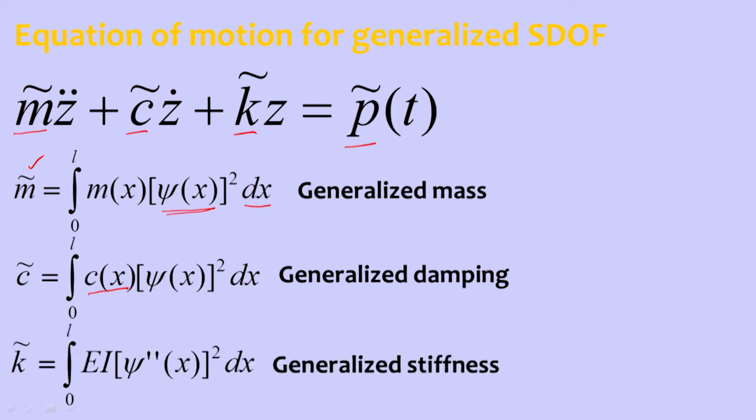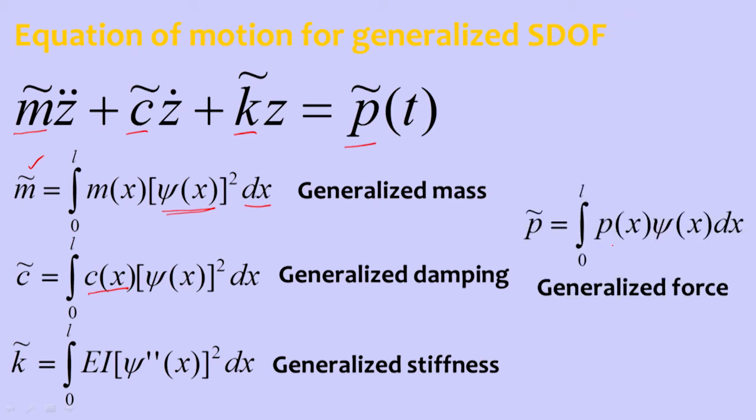Similarly, we get generalized stiffness: integral from 0 to L of EI times psi double prime of x square dx, this is generalized stiffness. And also generalized force, that is p of x psi of x dx integrated from 0 to L. So we have generalized force, generalized stiffness, generalized damping, and generalized mass, all of these.